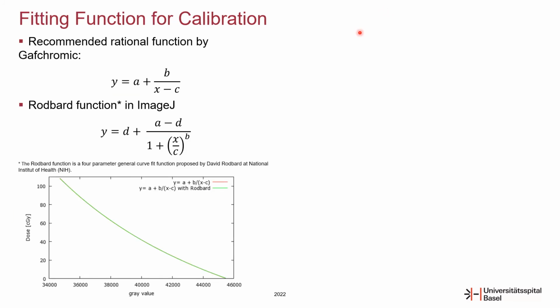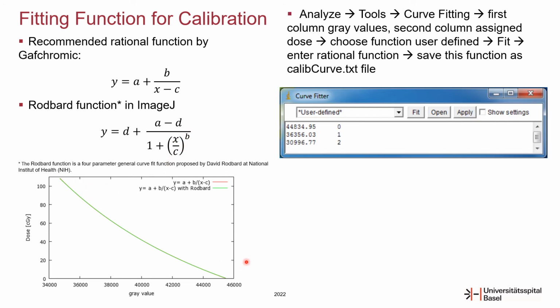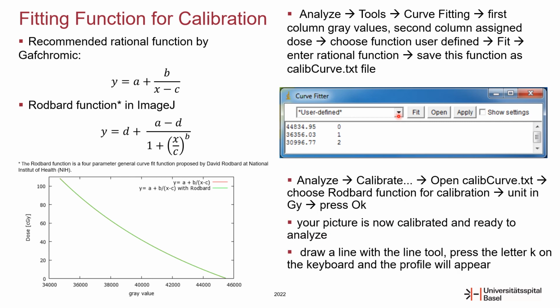Gafchromic is actually recommending this rational function, but as you can see, compared to the Rodbard function down here, there's not a big difference. You can go for a workaround if you still want to stick to this rational function and use the curve fitting tool. You open it and define this rational function, save the text file, and reuse it for your calibration curve.